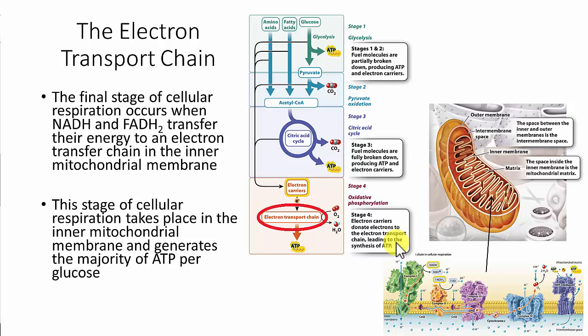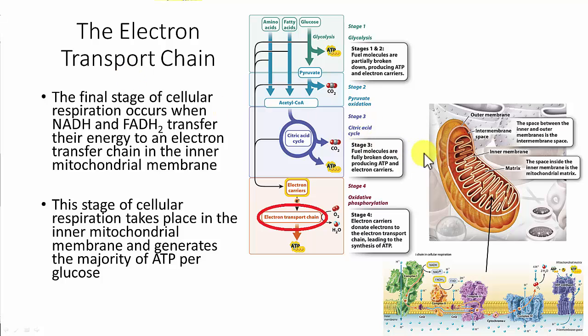So we've produced just over 10%, about 12% of the potential energy in ATP so far, but most of that energy actually exists in these electron carriers. So they're like little batteries, so to speak, and they're carrying a charge that will actually be used to generate the other 88% of the ATP that has yet to be created. And that generation of that remaining ATP is going to take place here in the electron transport chain.